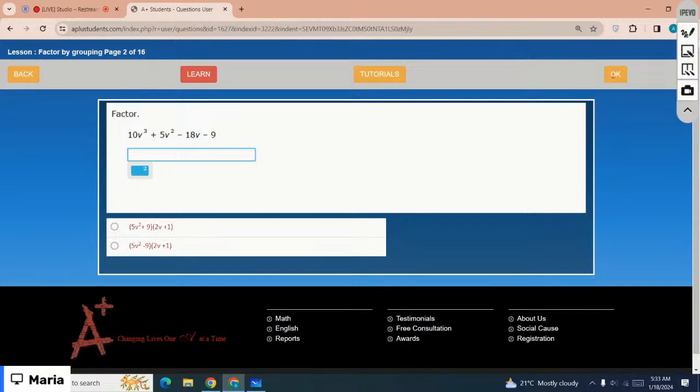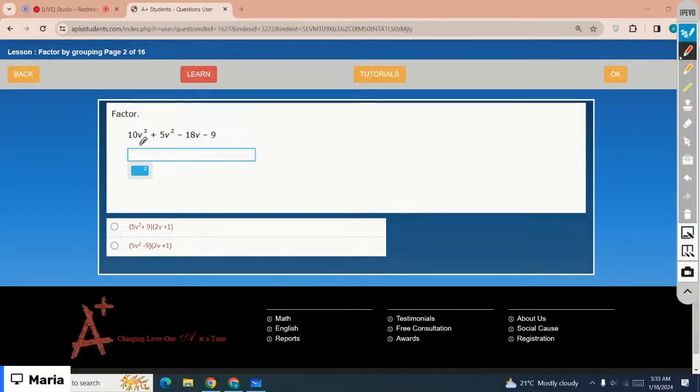The next one is 10v cubed plus 5v squared minus 18v minus 9. So let's just factor it out.